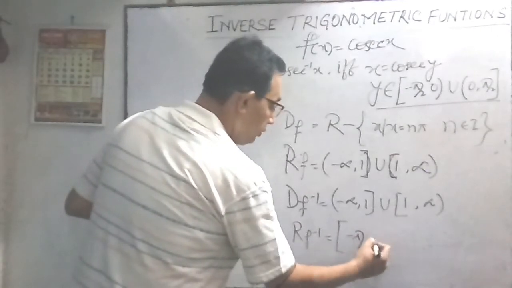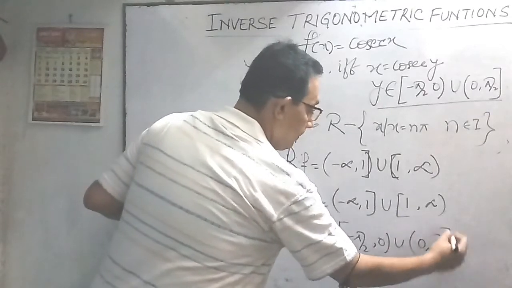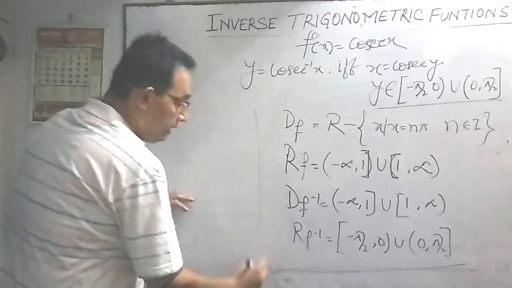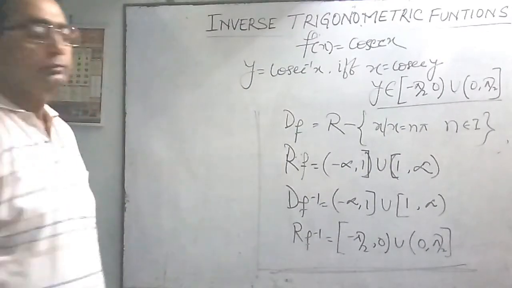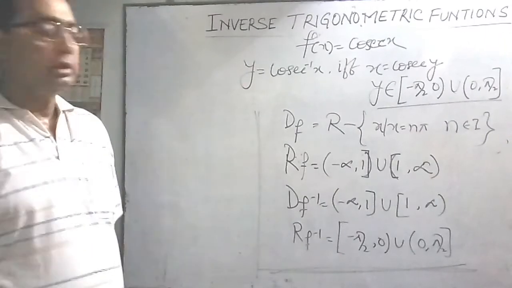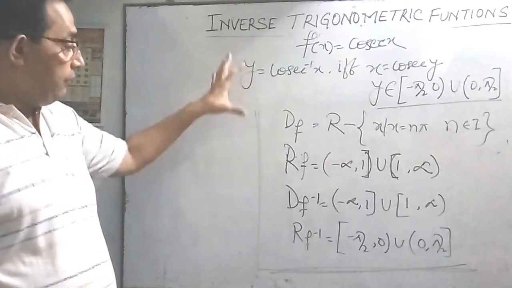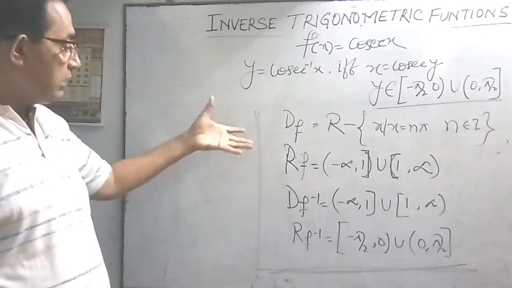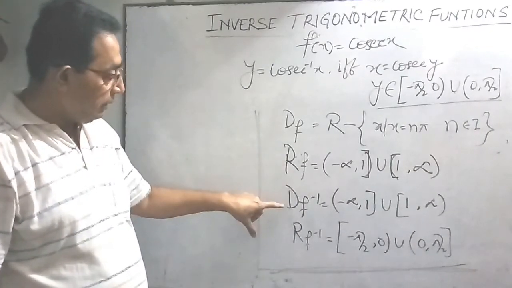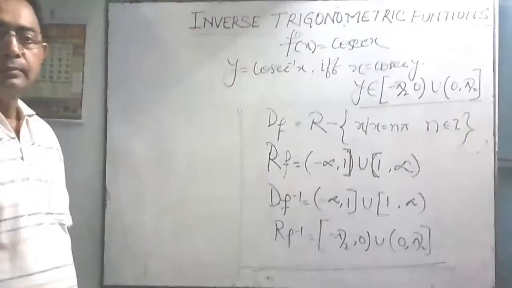Minus pi by 2 to 0 union 0 to pi by 2. Understood? This is the inverse trigonometric function. We can also understand it graphically. You note down what the principal value is. Everything I have explained: the domain and range of f, and the domain and range of f dash. Clear?